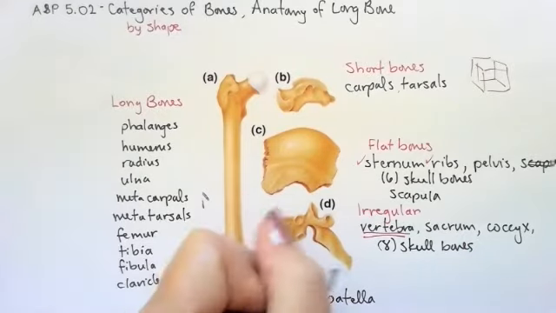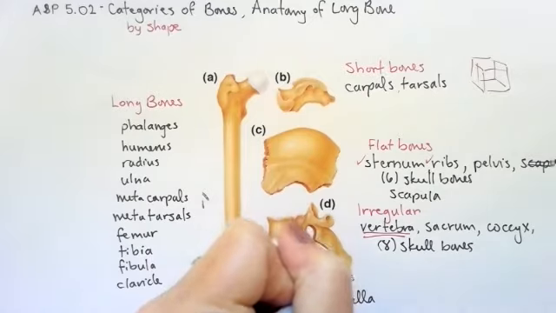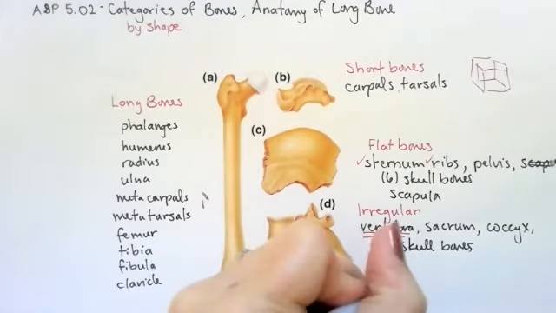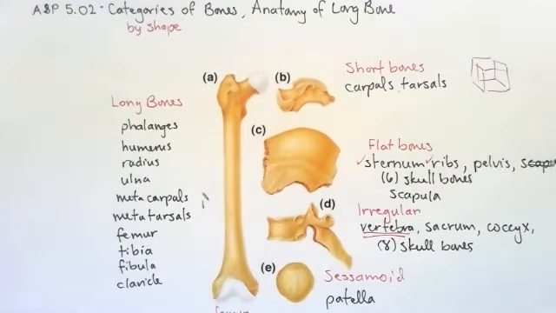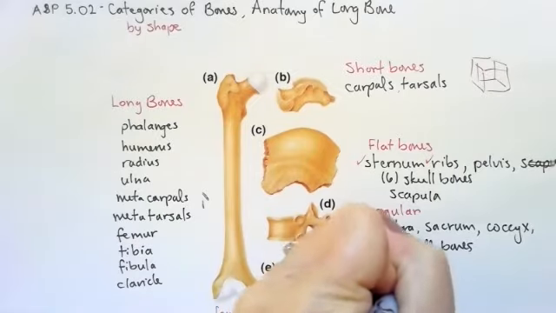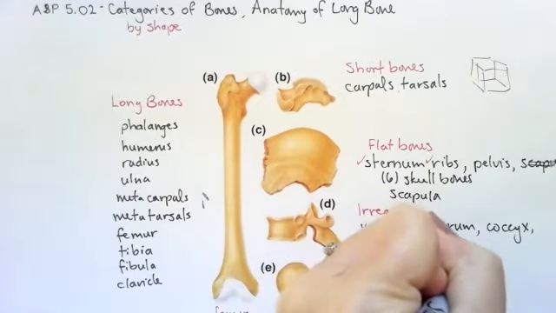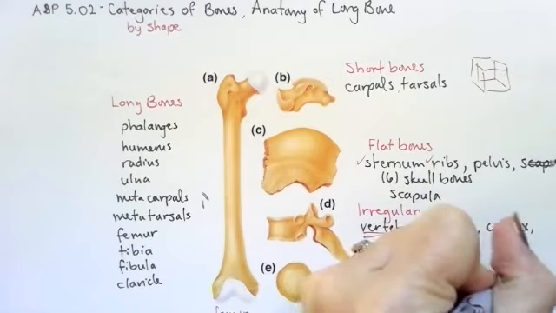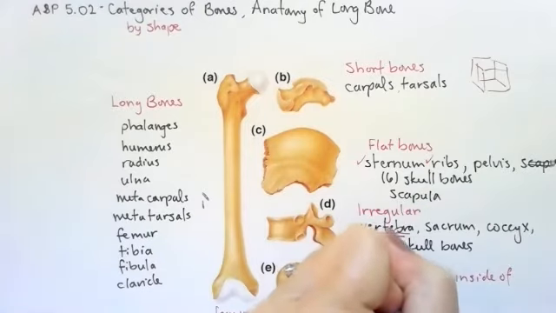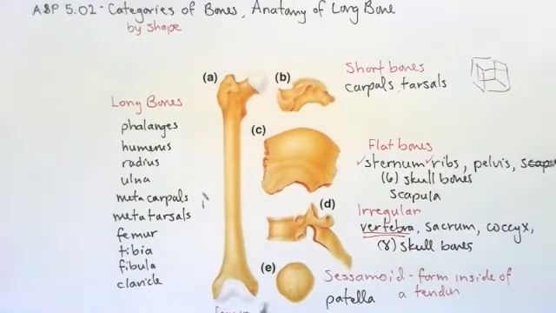The last category is sesamoid bones. Sesamoid bones are bones that form inside of a tendon. This is the patella, or the kneecap. On our skeleton in school, it's cemented to the patellar tendon.